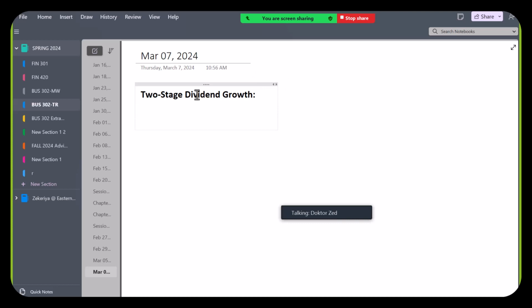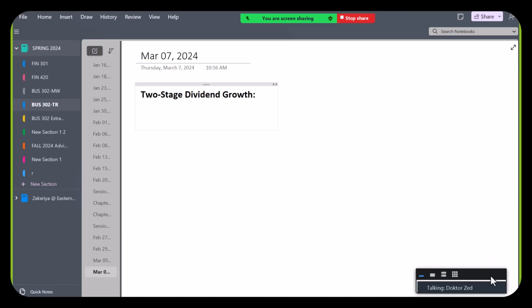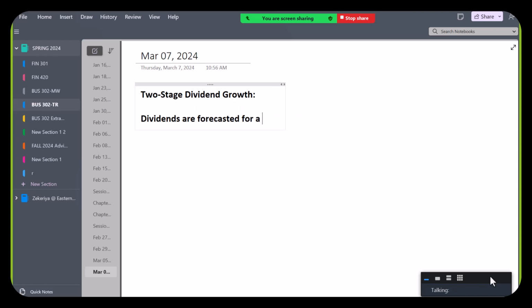We're going to assume that we know what the dividends are going to be for a small number of years. Dividends are forecasted. Then we will assume a constant dividend growth after that.